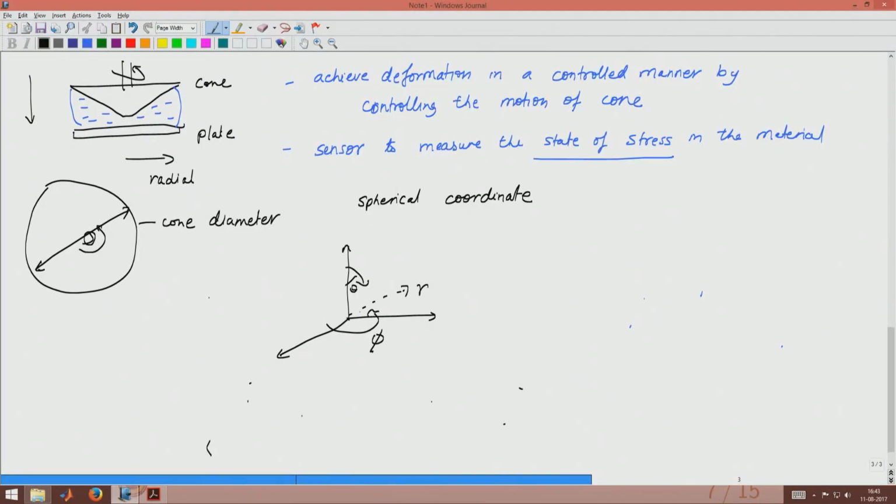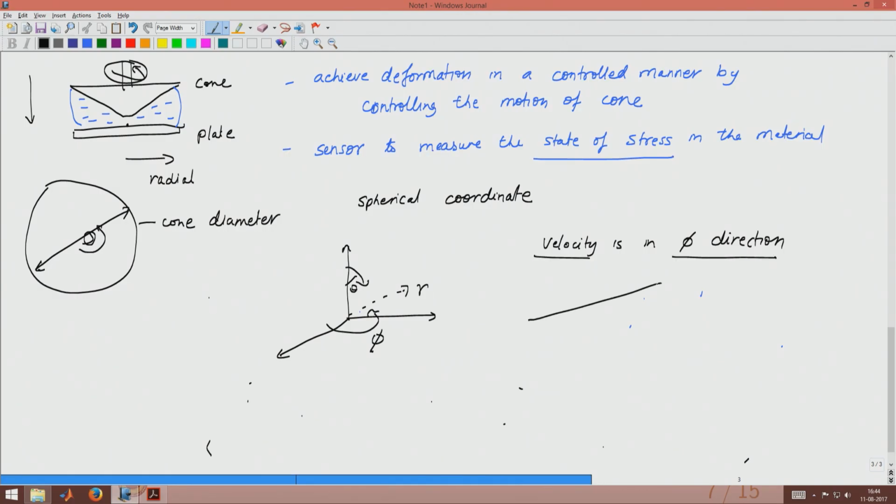We can take this point as the center of our coordinate system. What we have in this case is velocity in the phi direction, because this cone is rotating, and the rotation direction is in the plane. So, velocity is in the phi direction.